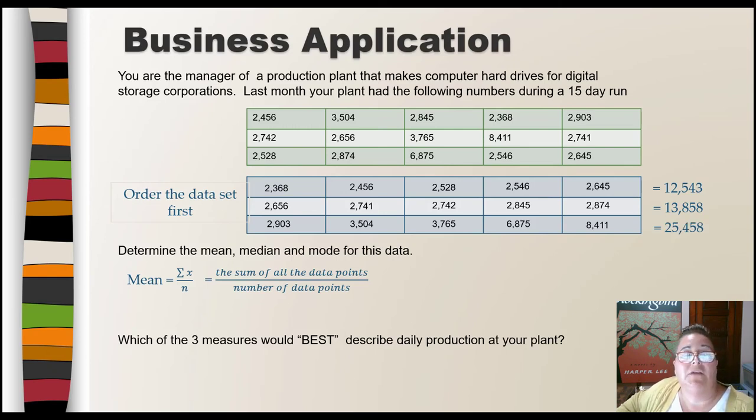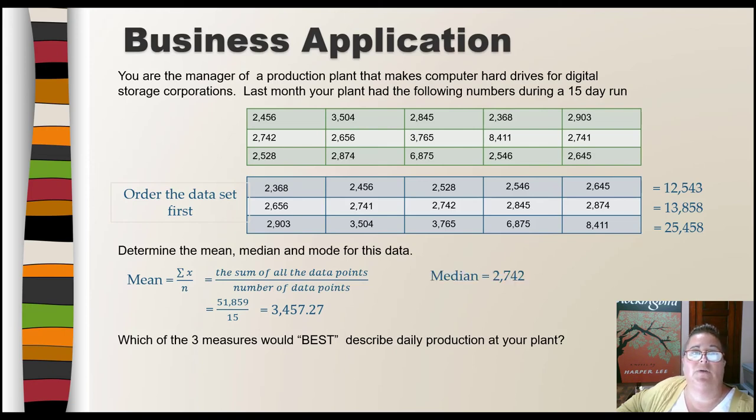Now in my calculator, rather than typing in 15 different values, I can simply add up those 3 values to get 51,859, which I'm going to divide by 15. This gives me 3,457.27. So that tells me that there were approximately 3,457 computer hard drives made each day.